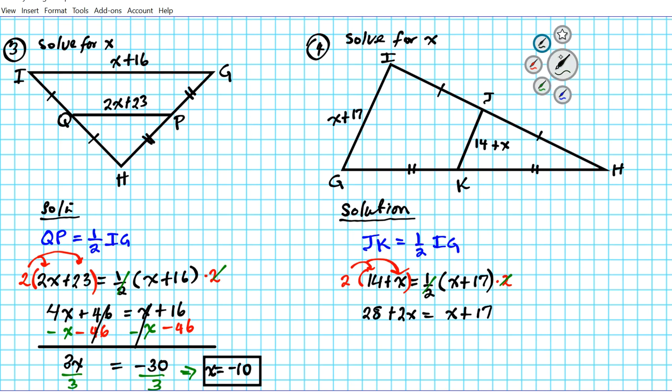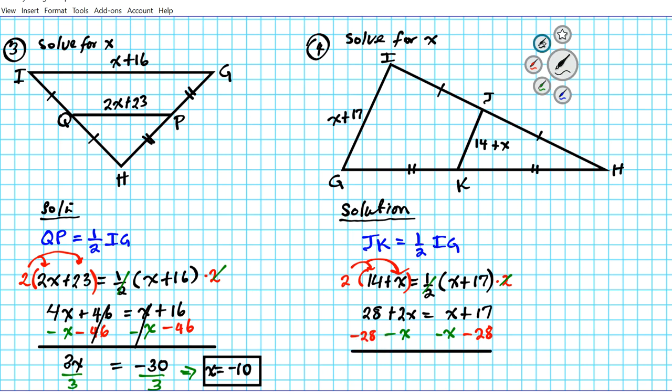All right, so let's move all the variables to the left side and the constants to the right. So subtract x from both sides of the equation. This is positive x, so you do the inverse to move it to the left side. And then positive 28, you subtract 28 from both sides of the equation to have the constants on the right side of your equation.